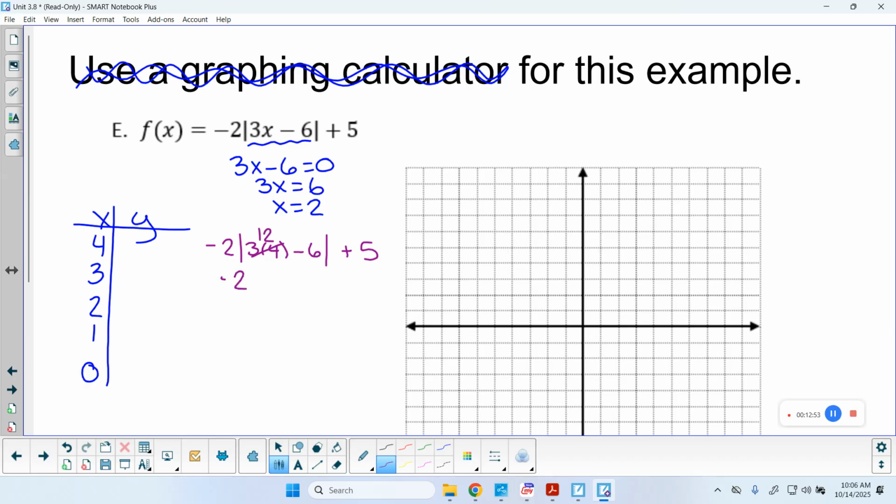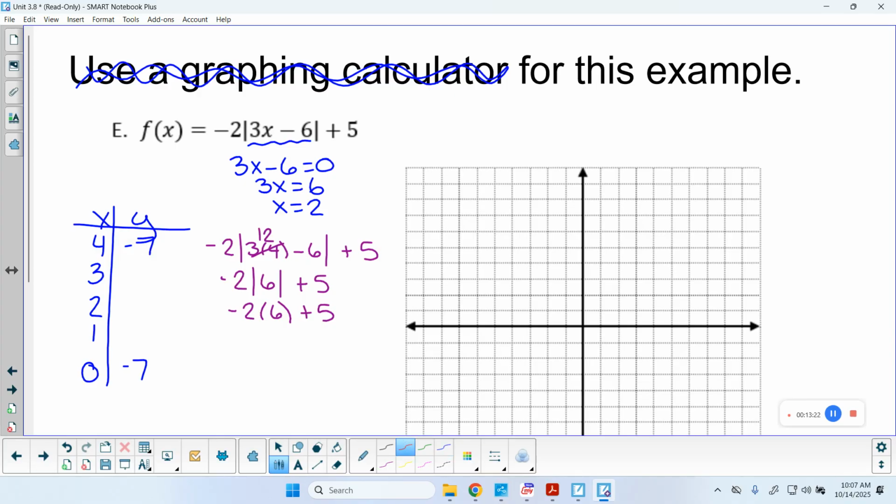So that will give us -2 times the absolute value of 6, plus 5. Now the absolute value of 6 is just 6, which means this is really -2 times 6, and then plus 5. -2 times 6 is -12. When we add the 5, we will get a y value of -7, which means for 0, it will also be -7.